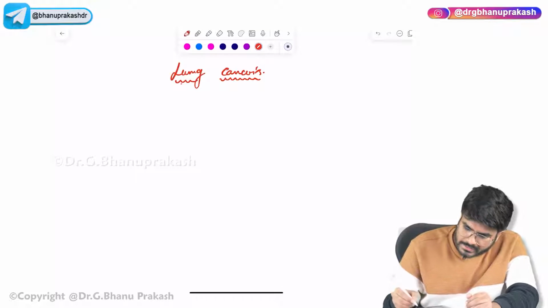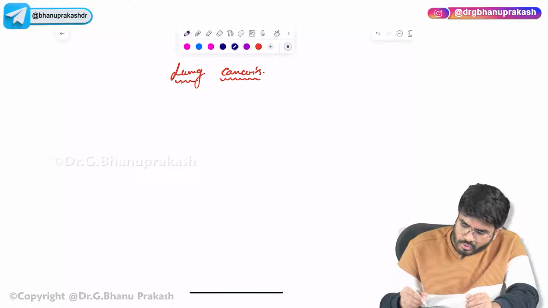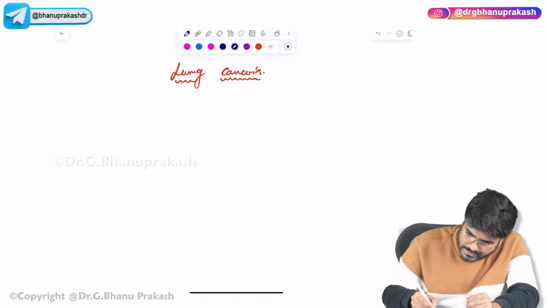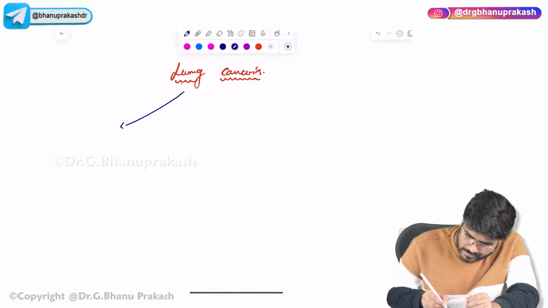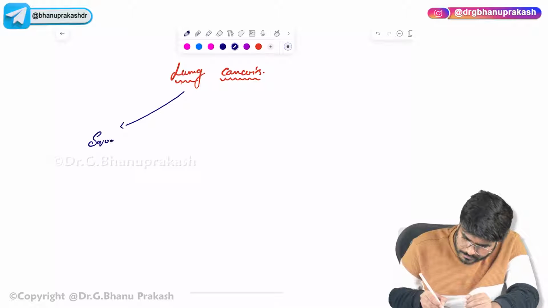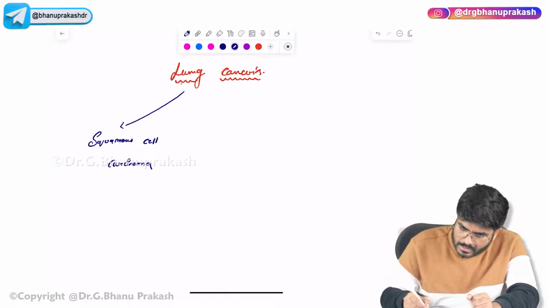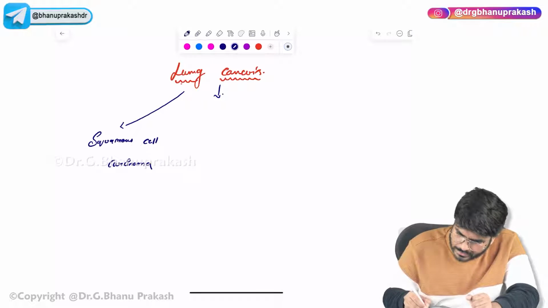How many types of lung cancers are there? See, there are 4 types of lung cancers which you should know for your exam. So what are these 4 types? Squamous cell carcinoma. Second type is adenocarcinoma.